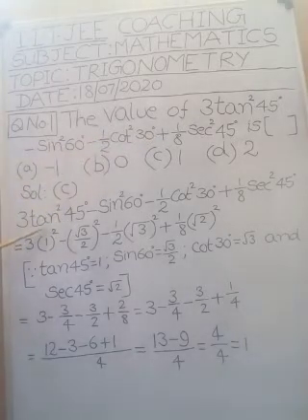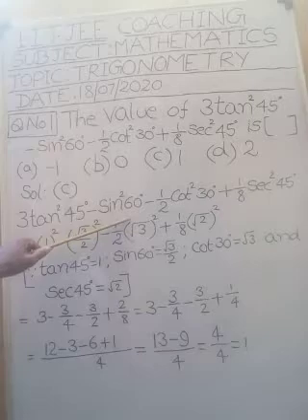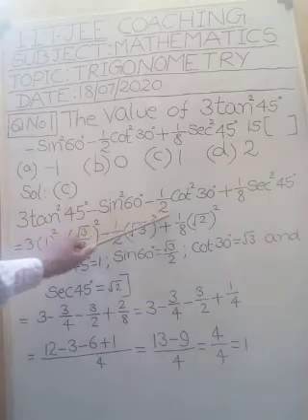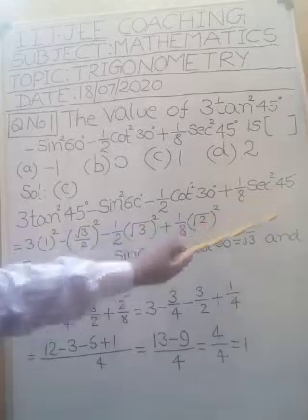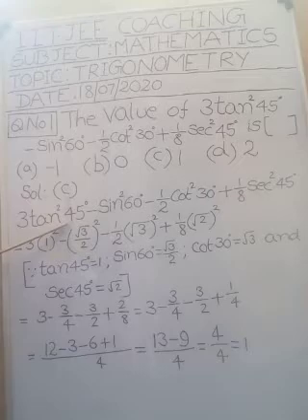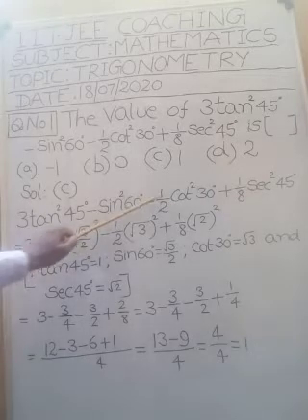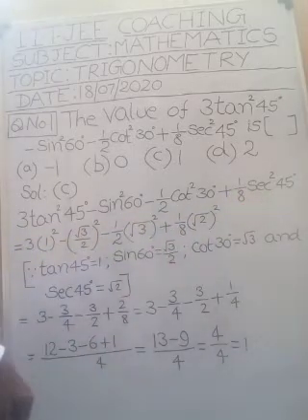So I wrote here the given expression as it is: 3 tan square 45 degrees minus sine square 60 degrees minus 1 by 2 cot square 30 degrees plus 1 by 8 secant square 45 degrees. You know the tan 45 degrees value, sine 60 degrees value, cot 30 degrees value and secant 45 degrees value.